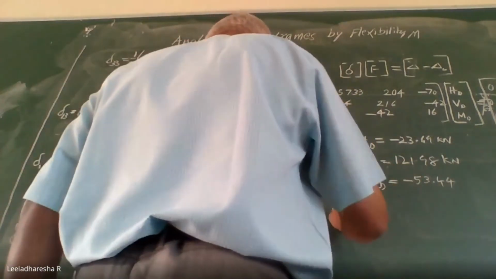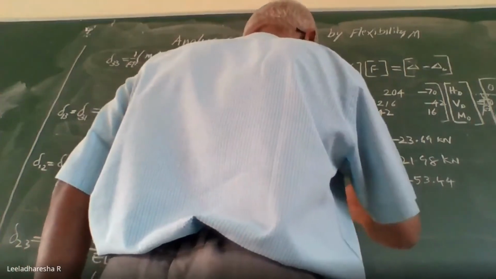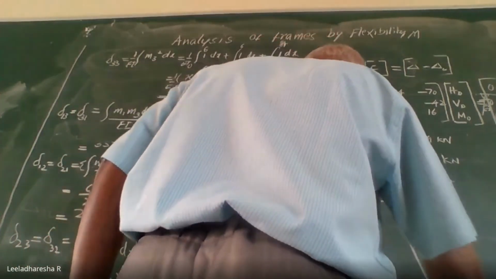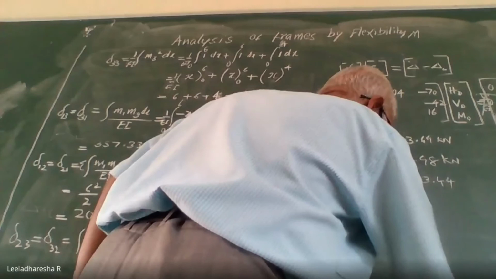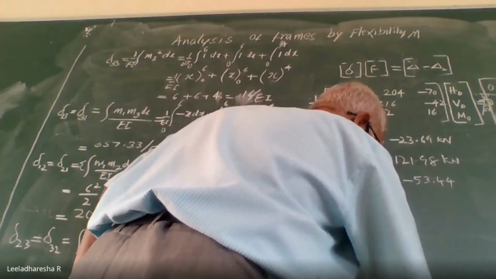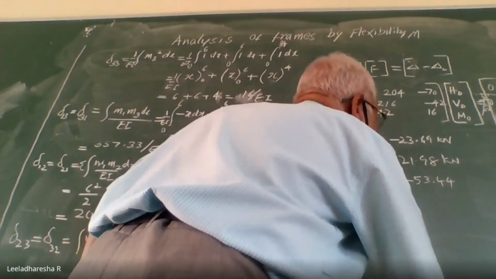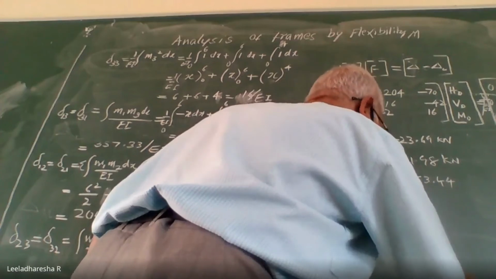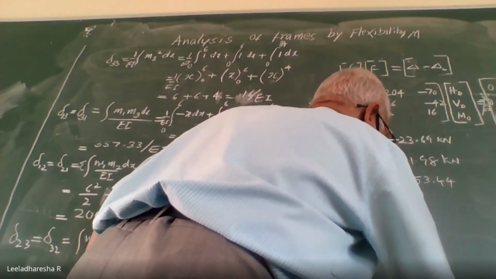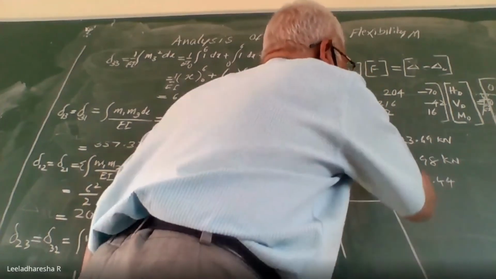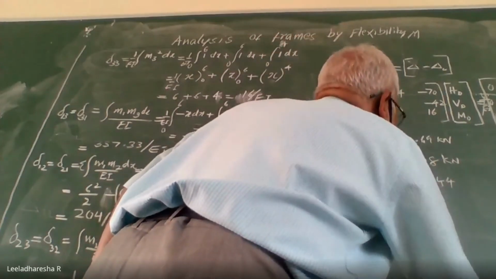So now, knowing these three, you can calculate the remaining forces. See, horizontal reaction is acting like this. I changed the direction, so I write it plus 23.69.